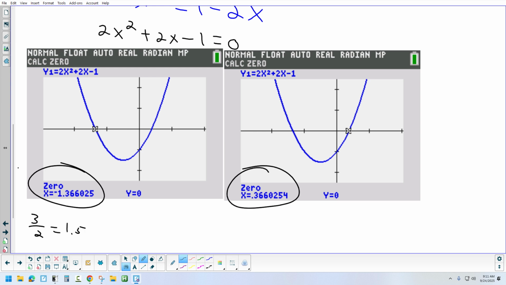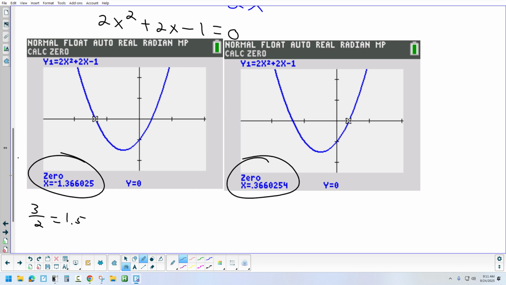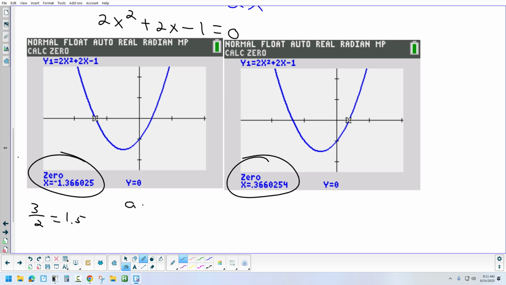That is an exact decimal. But when you're solving a quadratic equation, a lot of times if you see these decimals, the only way to get it exact is with quadratic formula. So let's do the same problem again, but this time let's use quadratic formula. Just in case you see a problem on the test that says solve exact.